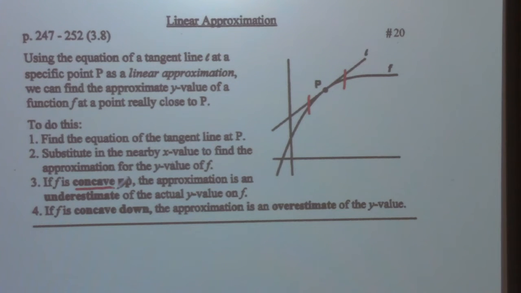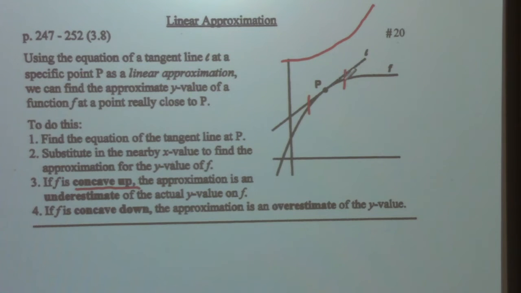Have we talked about concavity yet? We haven't, have we? A concave down function is like this one here, where the curve is down like this. A concave up is going to look like this. And the actual function here is concave down. So if we have concave down, as in this sketch, the approximation would be an overestimate.